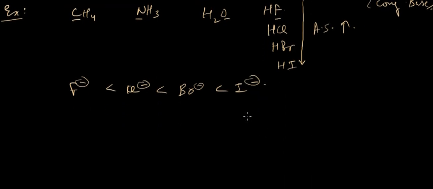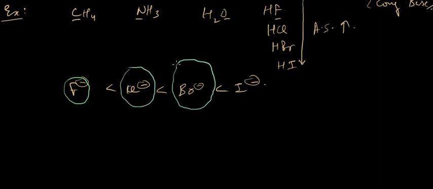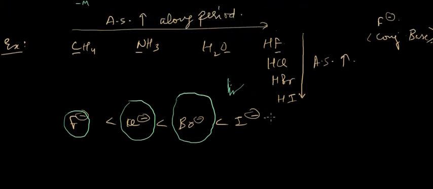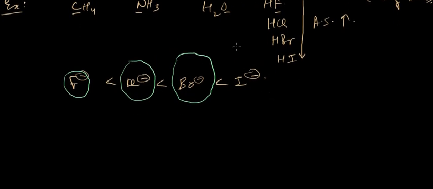Why? Because as we go down, the size of this actually increases to the extent that the negative charge finds itself more suitable in a bigger size radius of the atom, right?